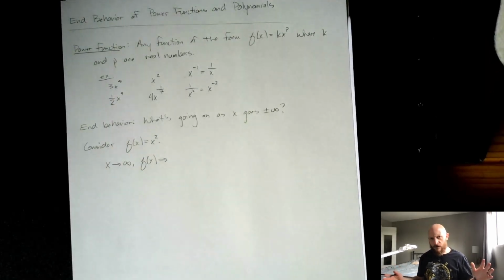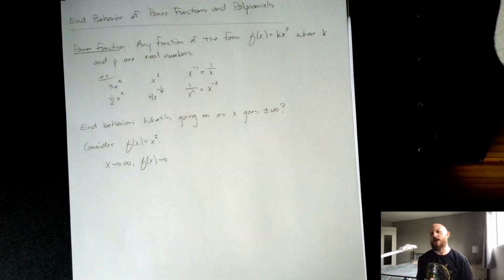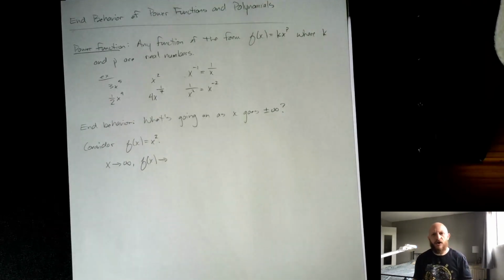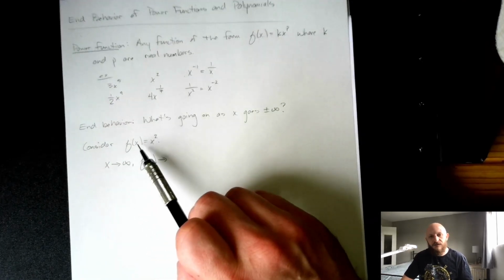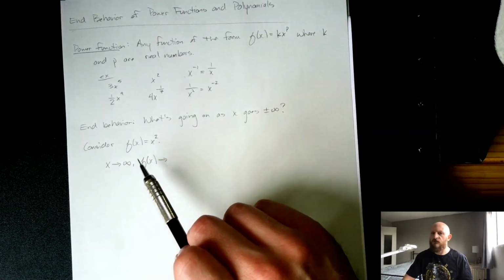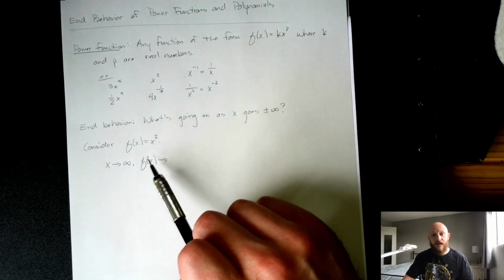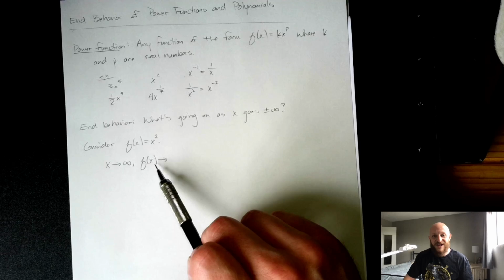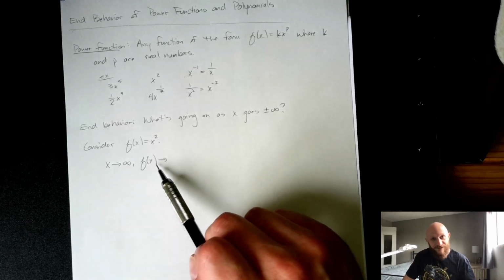Just think about it for half a second. Think of some really large positive number, something that you can still conceive of in your head. I might go for something like 10,000. When x is 10,000, f of x is 10,000 squared, which is very large. And that pattern is just going to continue. The larger that x gets, the even larger f of x ends up getting.